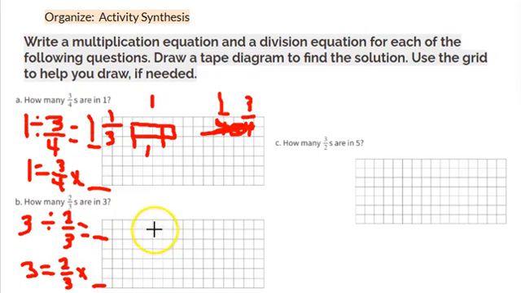Well, we're going to use chunks of thirds here. So there's 1 chunk of 3. Hang on a second, let me fix that. I'm going to make it just a little bit bigger. So there's 1 chunk of 3/3, 2, 3.